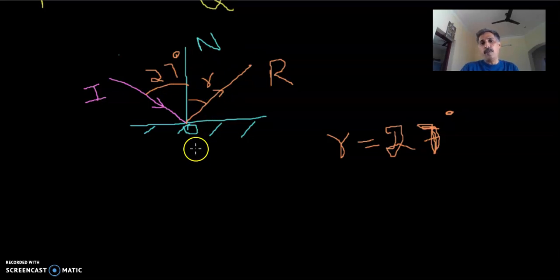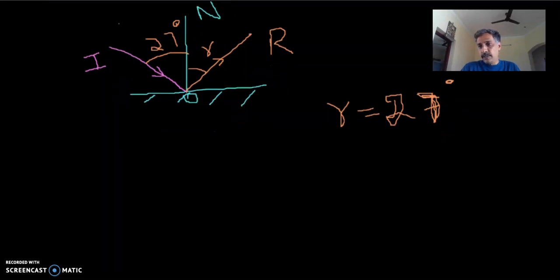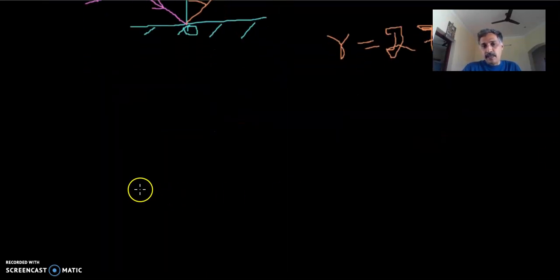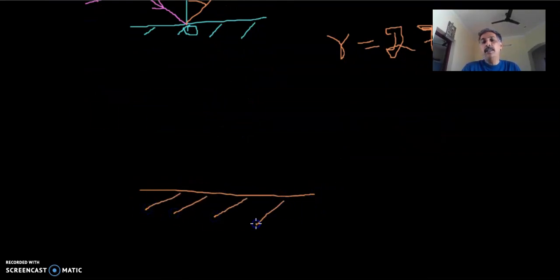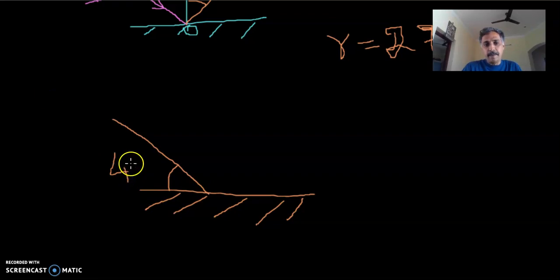Now one more problem. I once again draw a reflecting surface, and I give this as homework, or an assignment. You take this as an assignment. If there is an incident ray, and the angle between the incident ray and the surface, not the normal, is 40 degrees. Suppose this is given as 40 degrees.